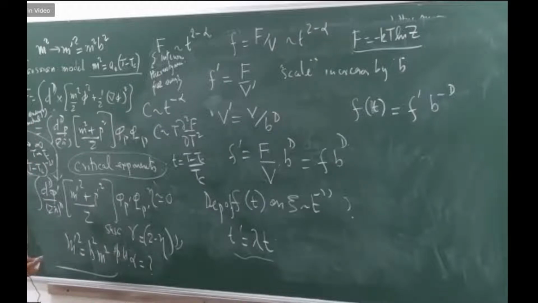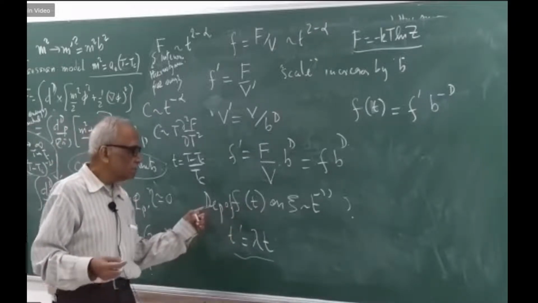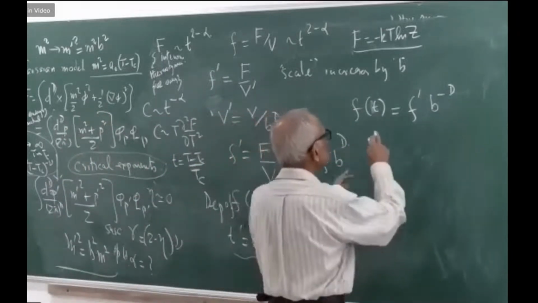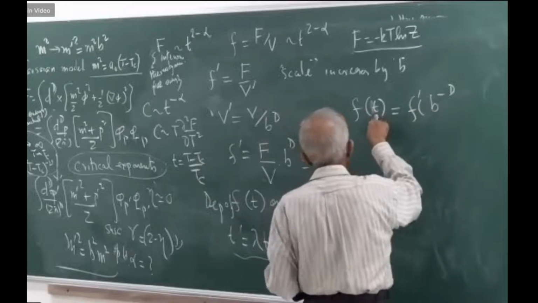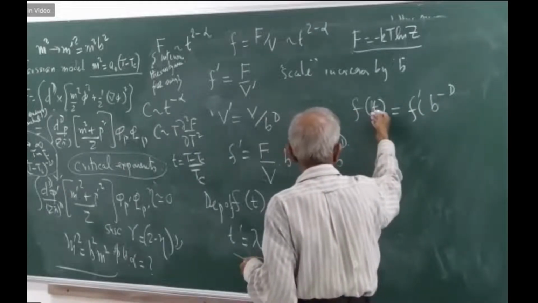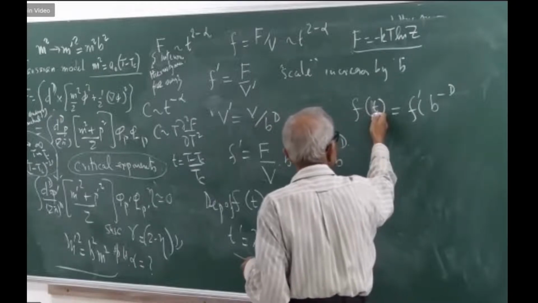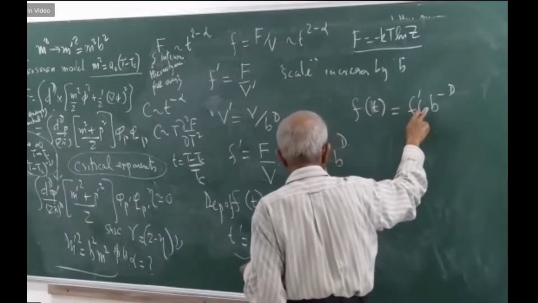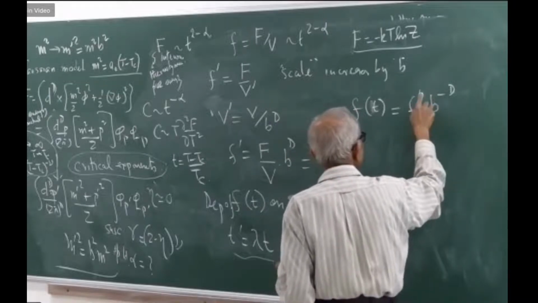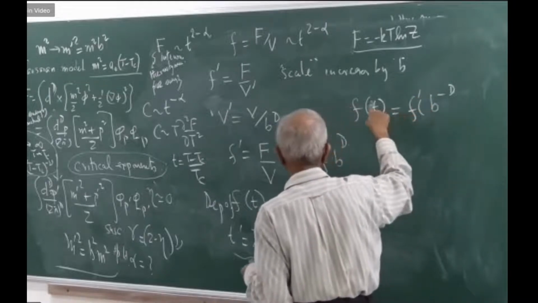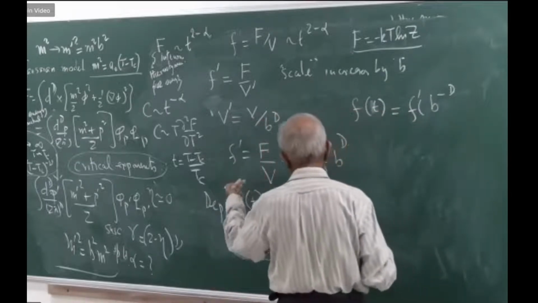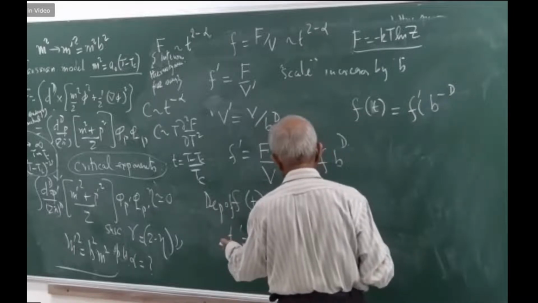So that is the transformation that is taking place. So here is the xi dependence on this. So f of t is equal to f prime, so this is f of m when the temperature is T, and now the temperature is lambda T, and your f prime over here is at a different temperature, which is T prime.